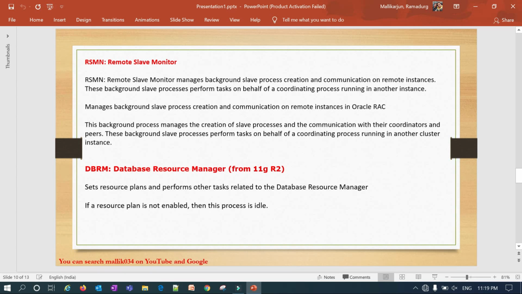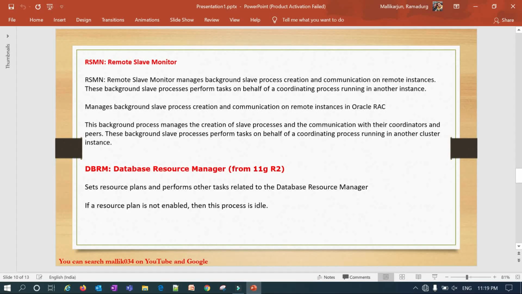And similarly there is one more, IORM, IO resource manager. If you want to control your IO operations, you have to set your profile like IO resource manager, and then you have to set a couple of parameters, like how much percentage, how much IO, how much utilization, everything you can define in that IORM.